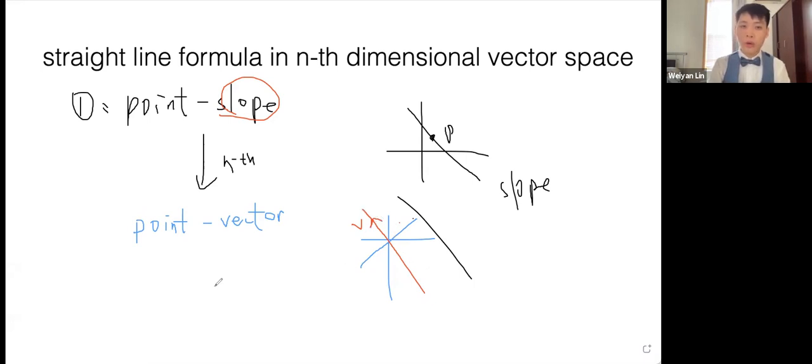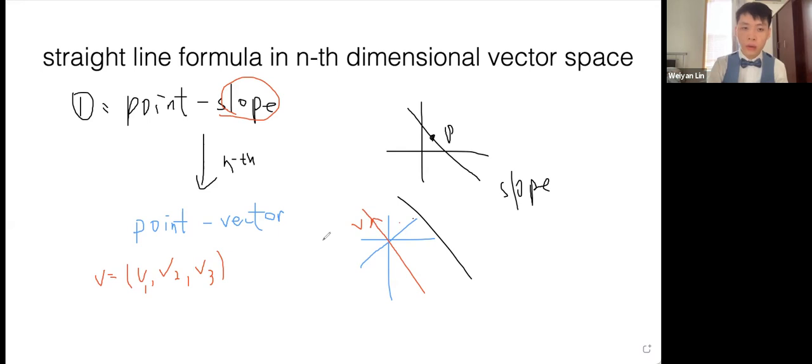Okay, so for example, if your V is 1, 2, 3, every point in this red line is just a factor of the vector v.